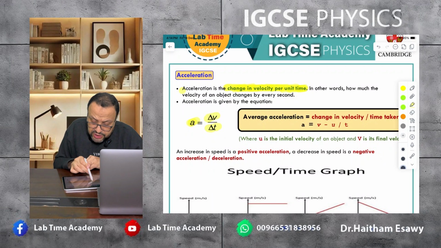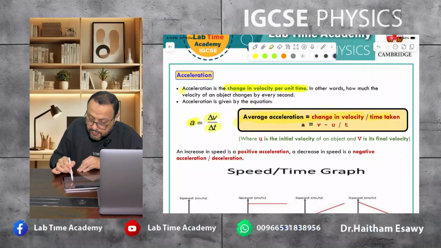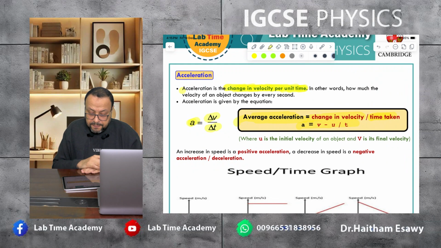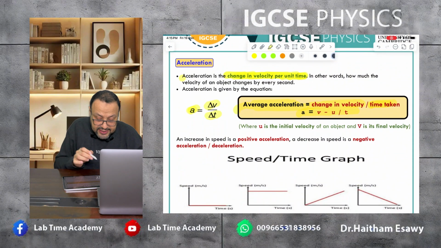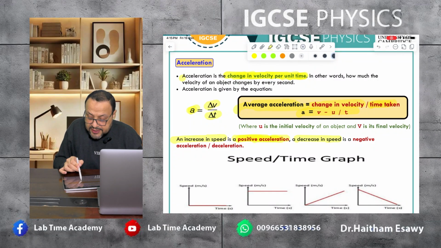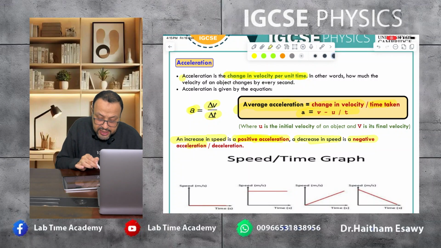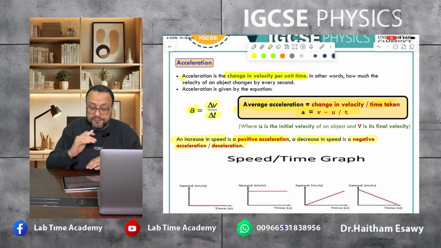So here the average acceleration equals change in velocity divided by change in time. So a equals (v minus u) over t. After that, as I said, an increase in the speed means we have positive acceleration, while a decrease in the speed means we have negative acceleration, meaning deceleration.